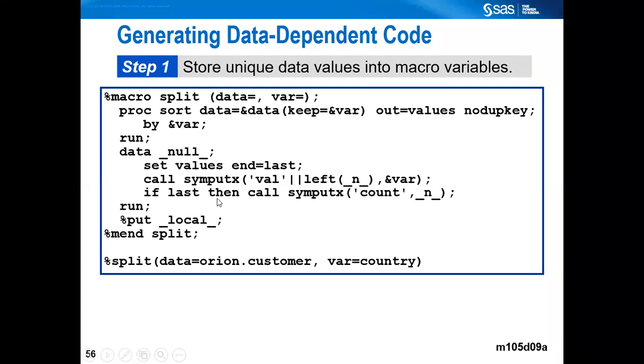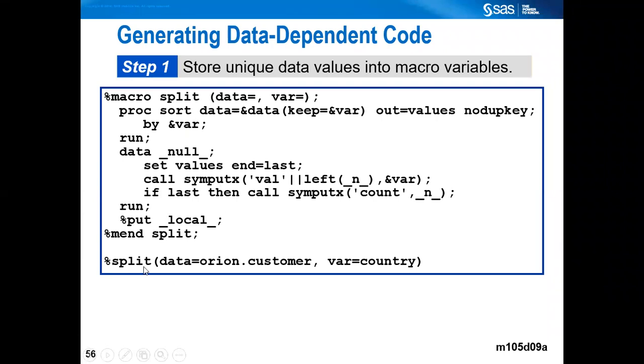If it is the last observation, then you create a macro variable count, which gives you the count of your input data, that is the number of rows processed. Then percent put underscore local underscore, in percent macro split. Underscore local underscore checks the macro variables created only for this macro which is called, so it's a local symbol table.